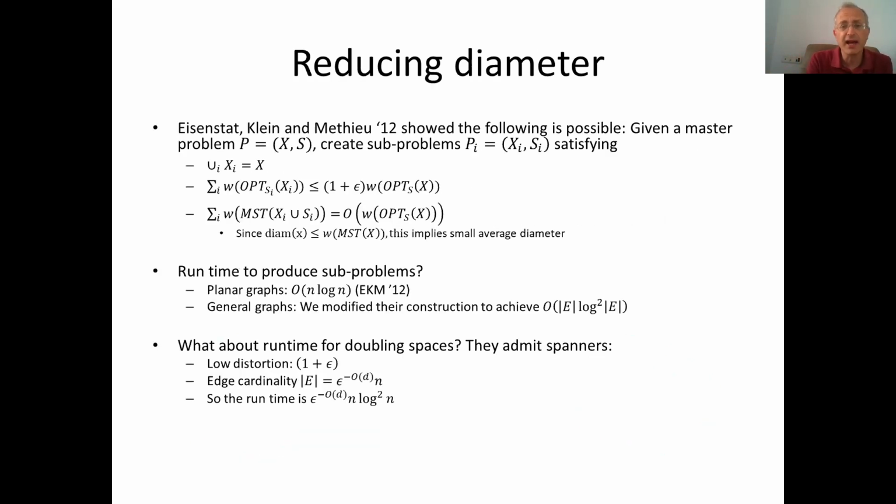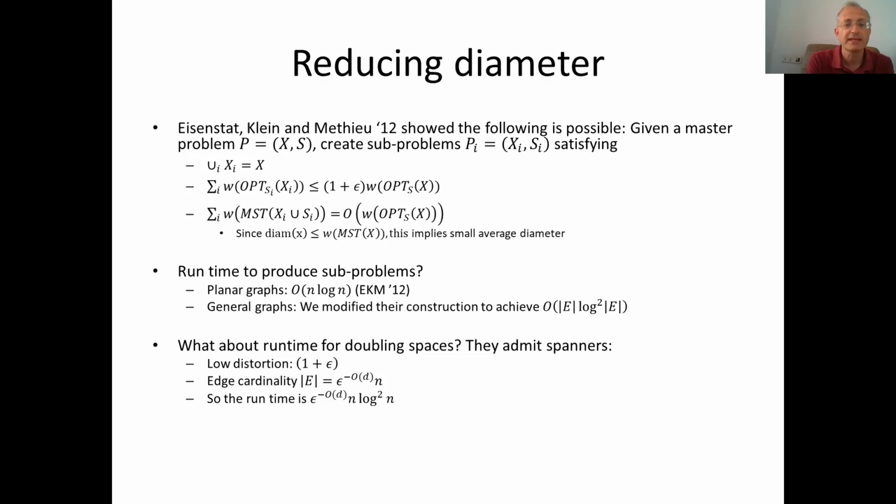So Eisenstat, Klein, and Mathieu already, ten years ago, showed that the following is possible. If we're given a master problem, defined by X, the terminal set, and S, the set of Steiner points, we can create subproblems.